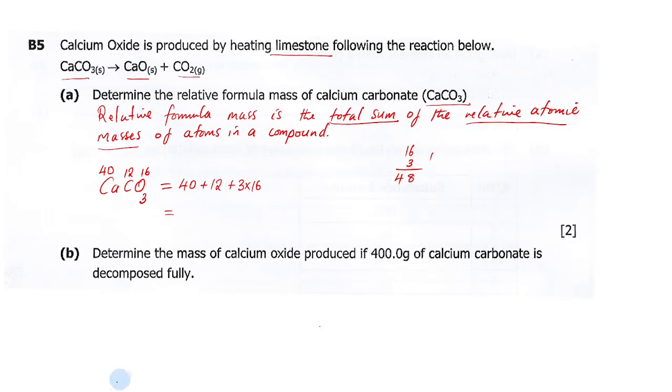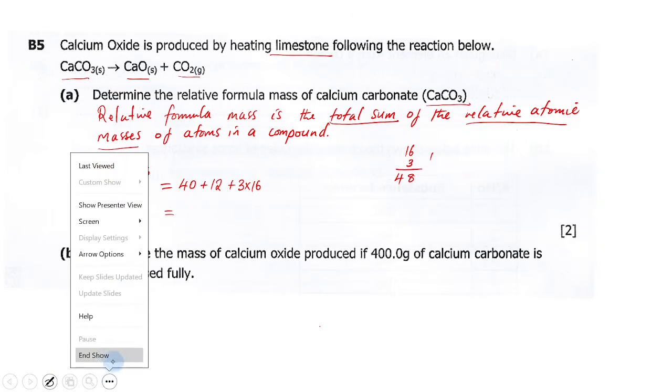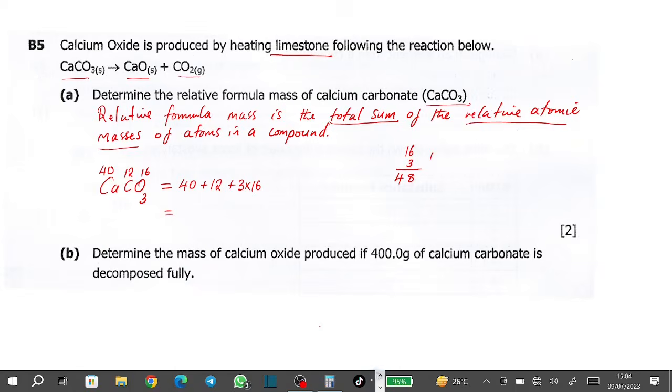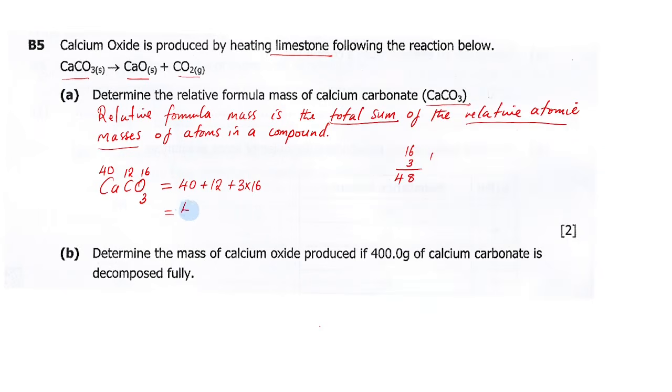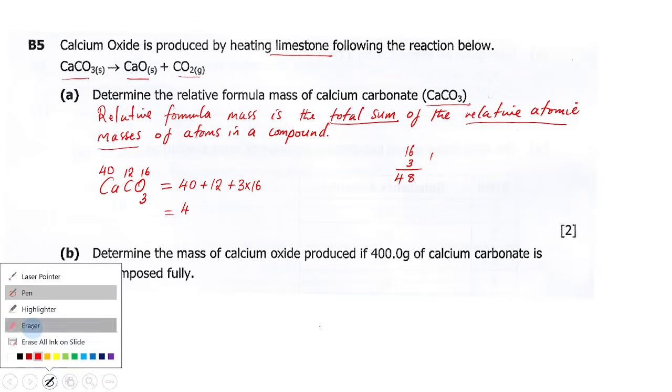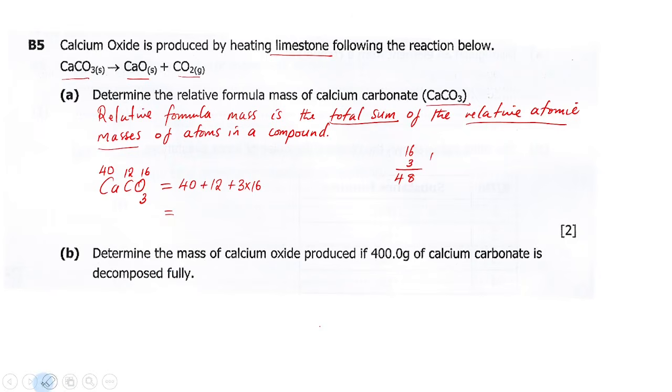Let me use my calculator so that I will not take much time. 40 plus 12 plus 48, I'm getting 100. Sorry, it's 100, not 400. So it has no units.